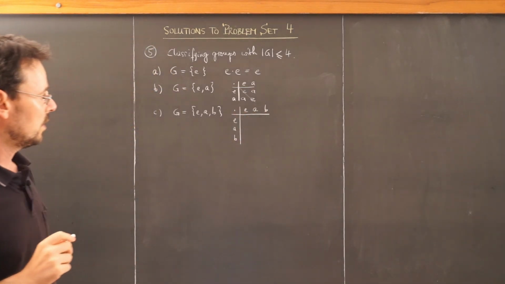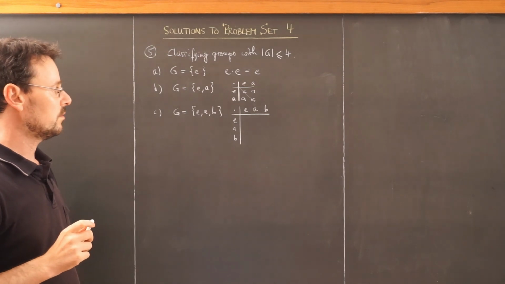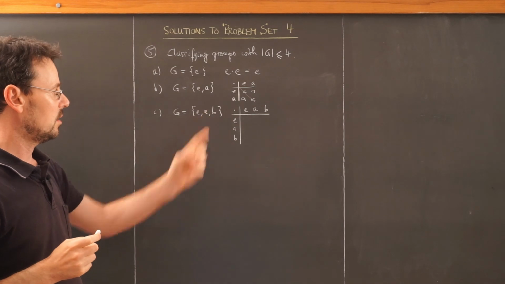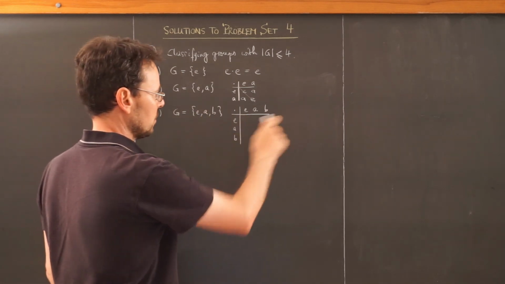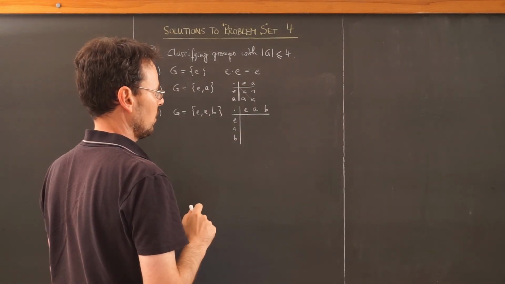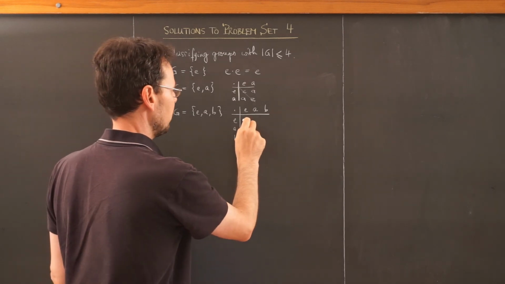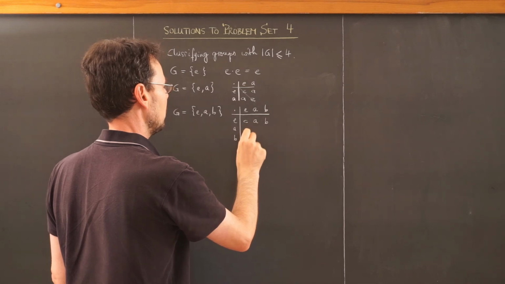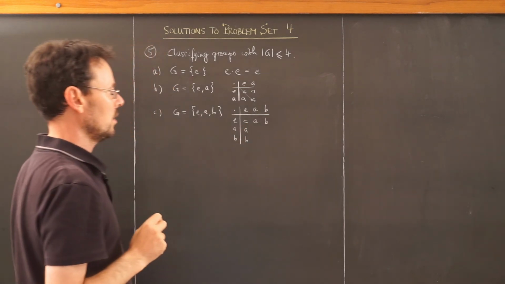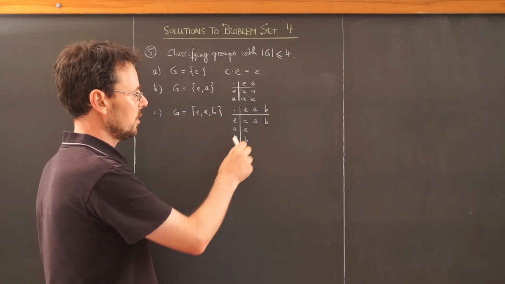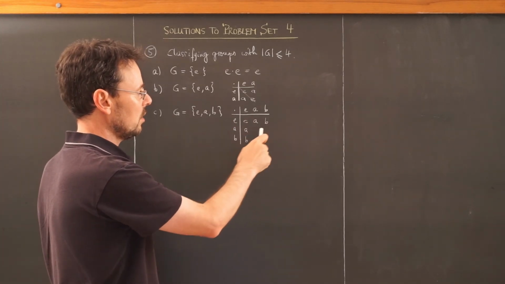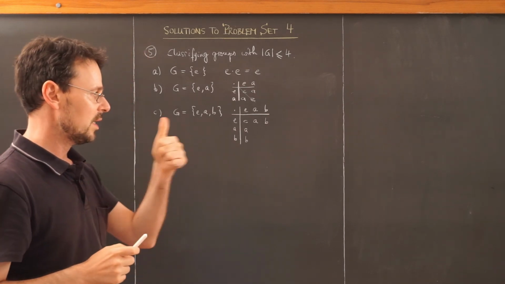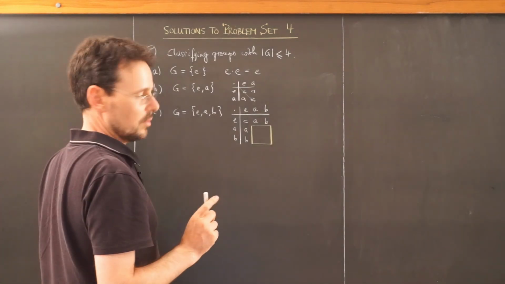Now let's see if we can find two different groups of order 3. The elements I call E, A, and B. The first row and column are always trivial, because E is the identity, so we simply fill it out like that. Now, very important, in each row and each column, every element has to appear exactly one time. So let's see.